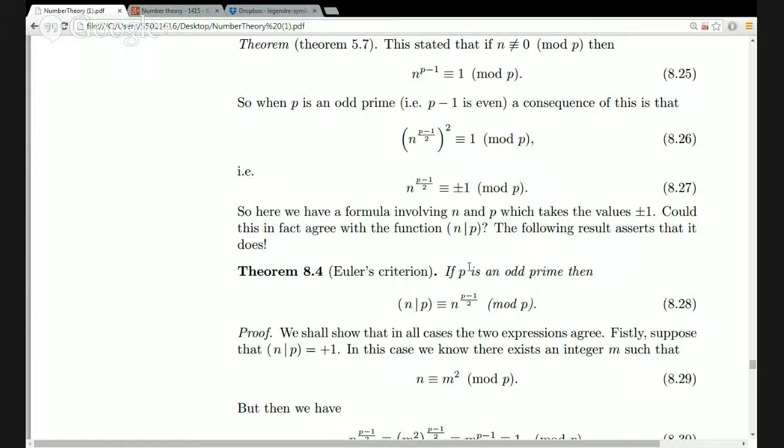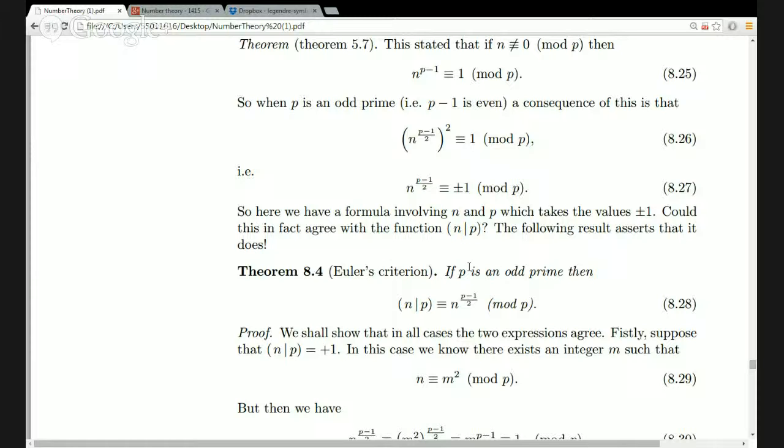So it's no better really than just going through the first half of the congruence classes mod p, squaring them and then finding the quadratic residues that way. So it's not a computational improvement on just working off the definition. But it is a conceptual improvement. We do have a really nice way of thinking about the Legendre symbol now. It's just a power of n. We can build arguments on that.